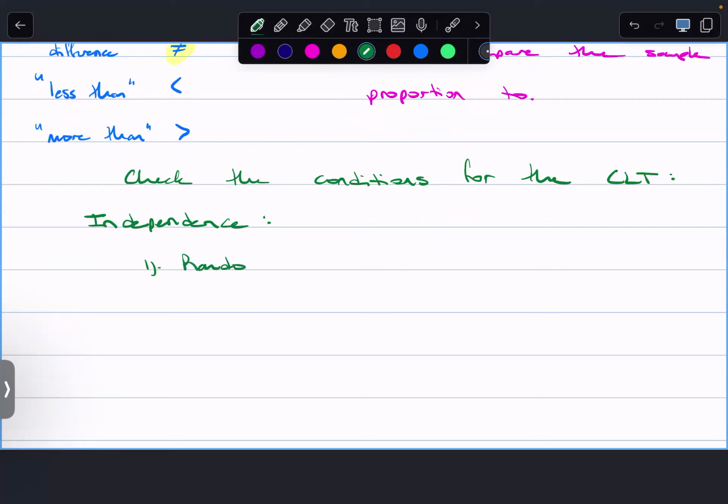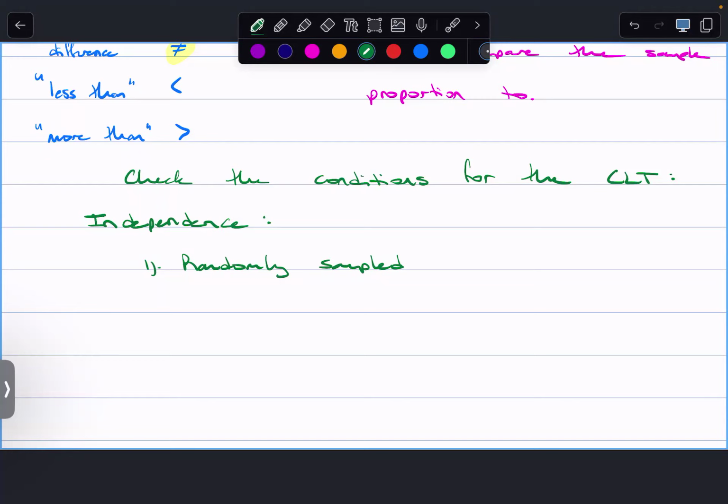I'll just write randomly sampled. If our observations were randomly sampled, then we can assume that those observations are independent of each other. Not necessarily true, but we're allowed to assume that if we've randomly sampled.